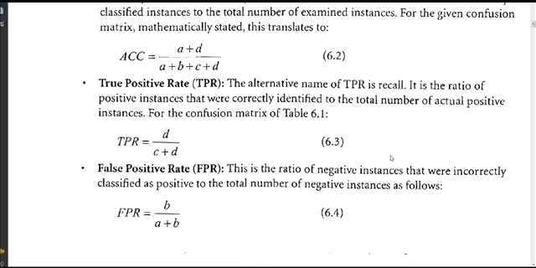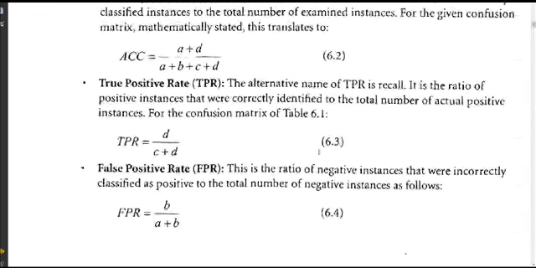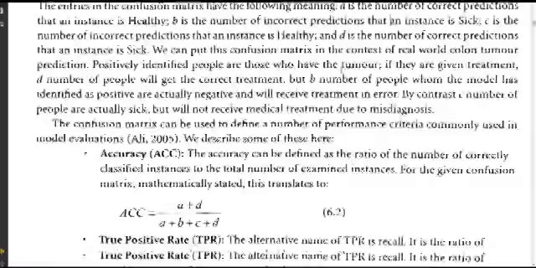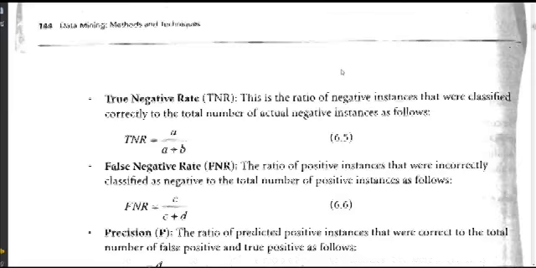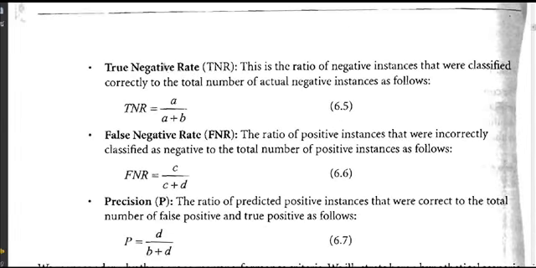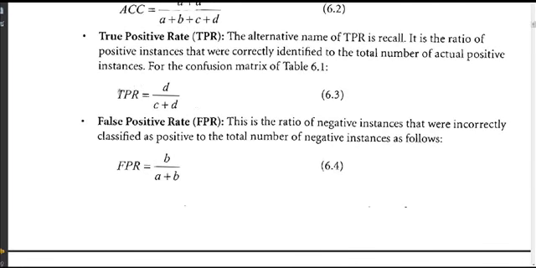Okay. Now, Weka gives us all of these values. It prints them out. Now, you don't need Weka to do it because you can just use these formulas very simply, because Weka also gives you the confusion matrix. But Weka does print out the false positive and false negative rates for all of these. Okay, and it also gives the true negative rate, which is this, and the true positive rate, which is this.